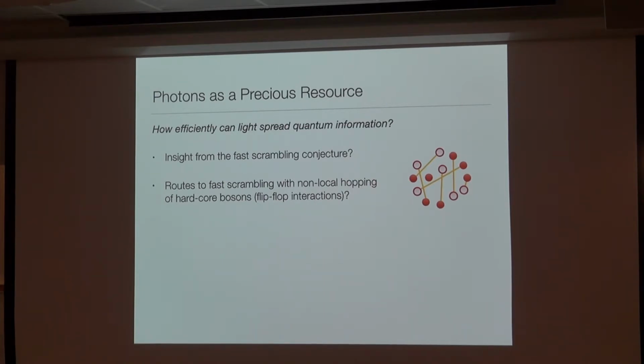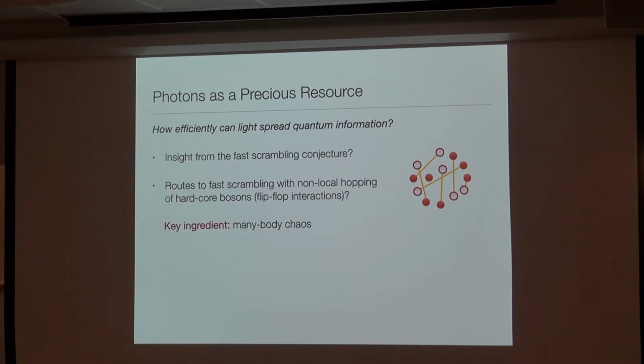So that raises the broader question of how efficiently can we use light to spread information in a many-body system. And it also raises the question: can we get some insight into this from that fast scrambling conjecture, and in particular, can we learn something by trying to engineer fast scramblers with this non-local hopping?